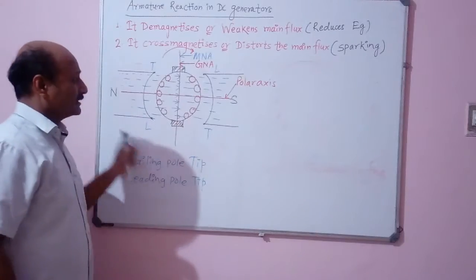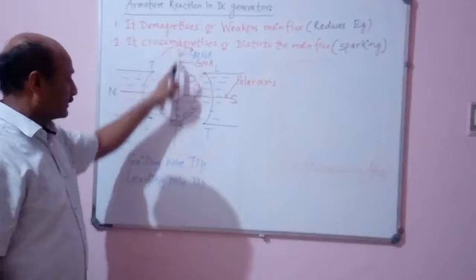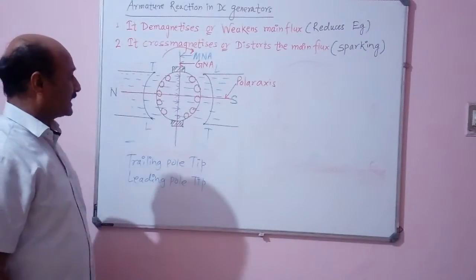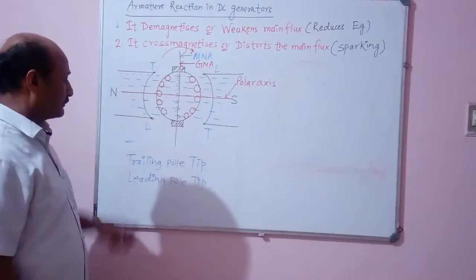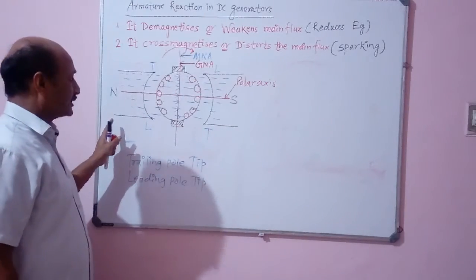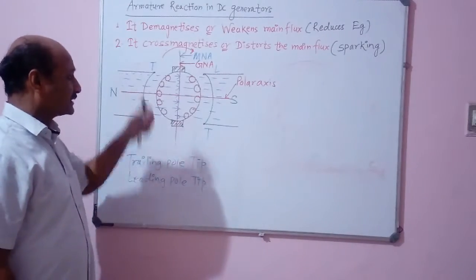So this is the figure consisting of the polar axis, MNA axis, GNA axis, 2 trailing pole tips and 2 leading pole tips.